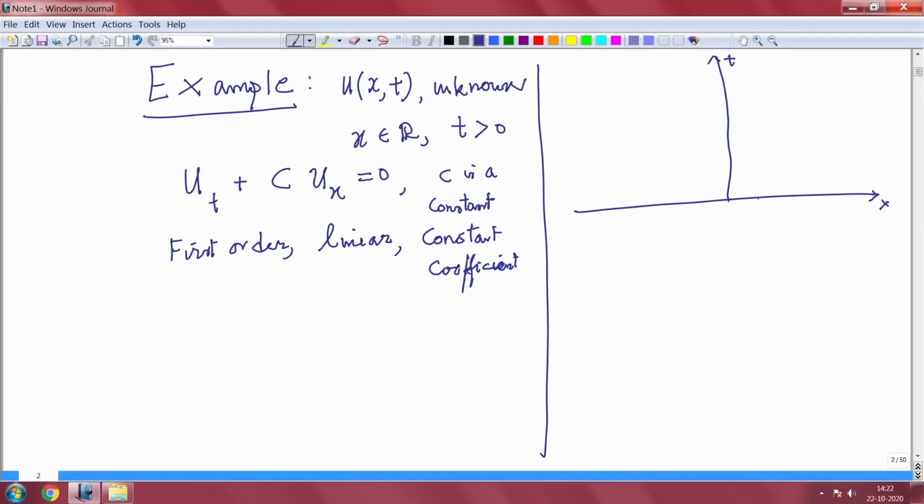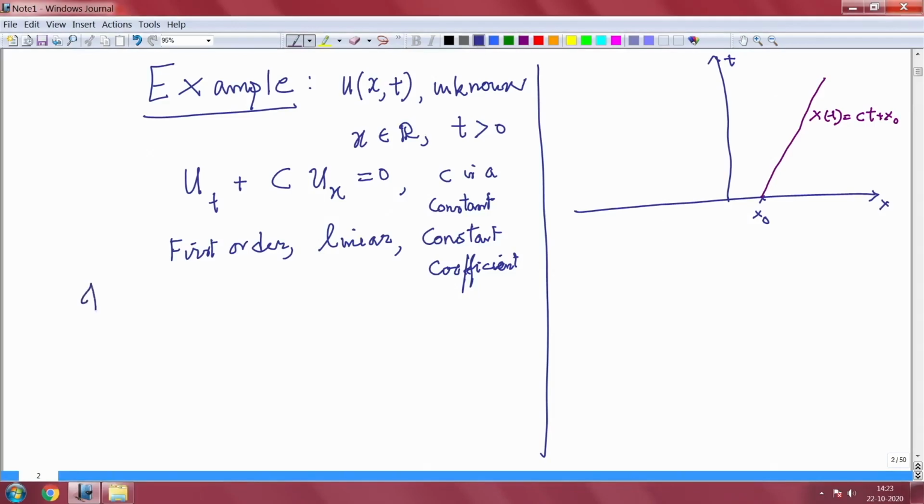So, I take a point here, x naught, and through that point I will draw a line. That line is nothing but x of t equal to c t plus x naught. This is what I am going to do, so I am introducing a curve here.